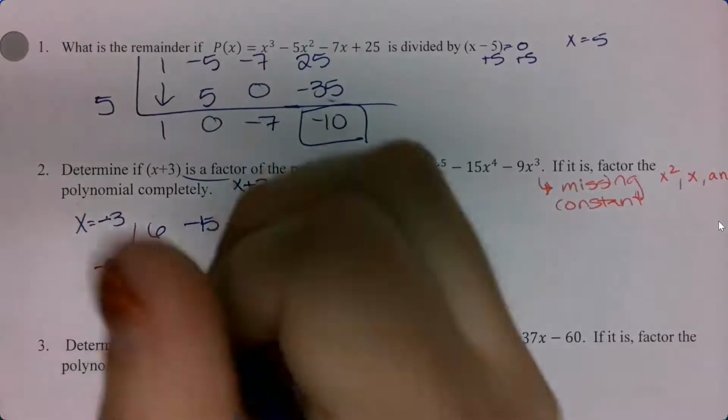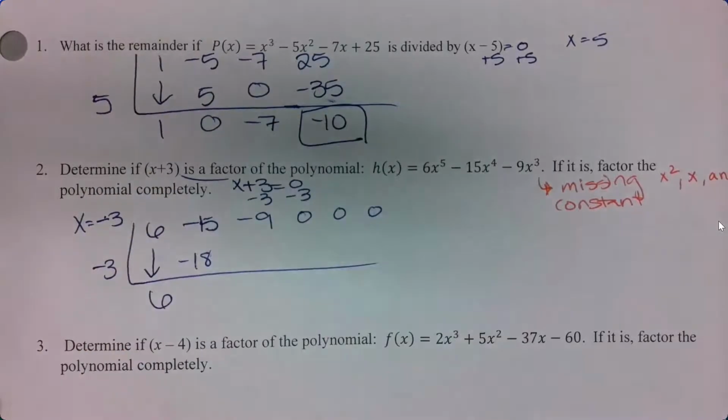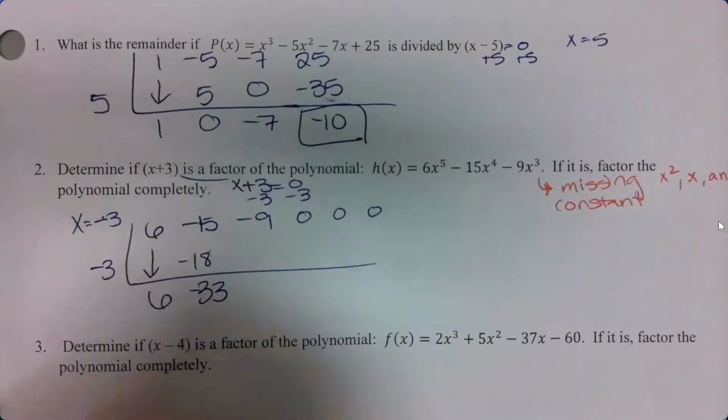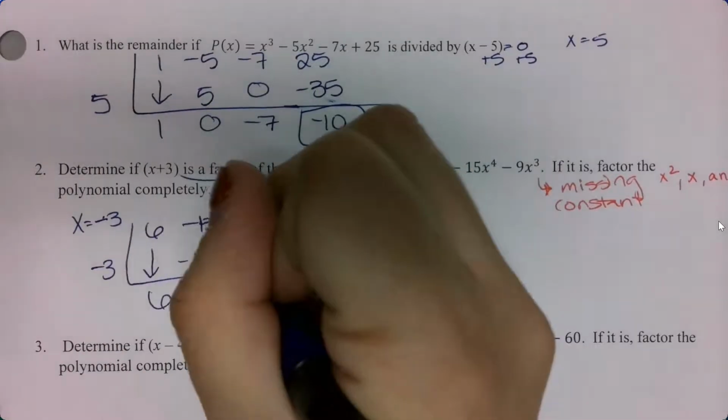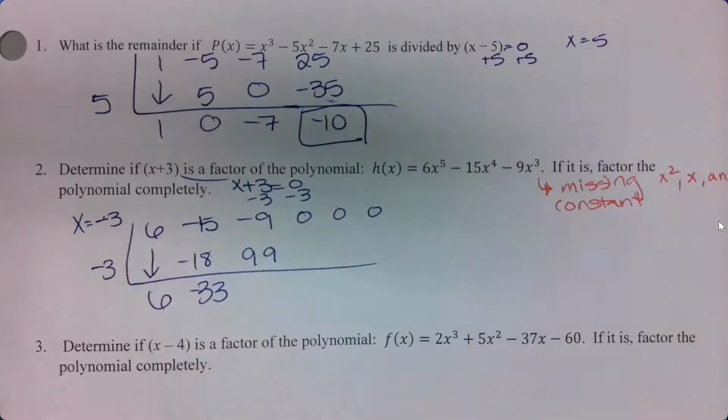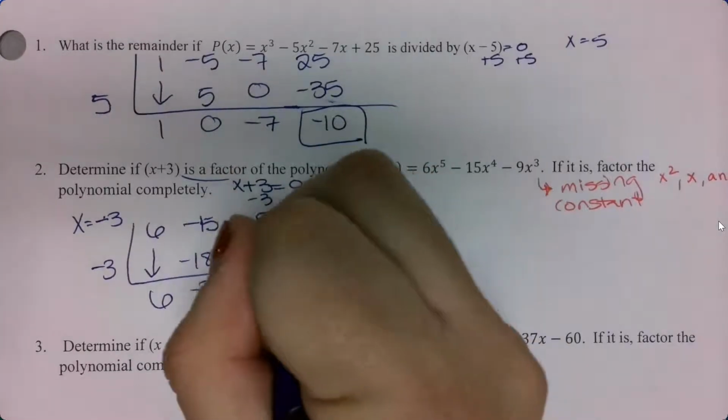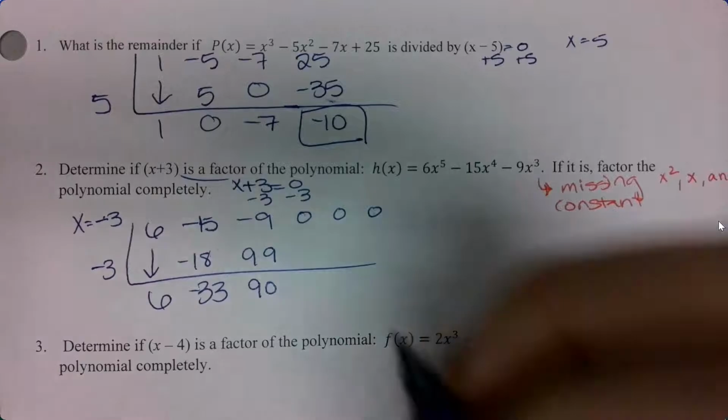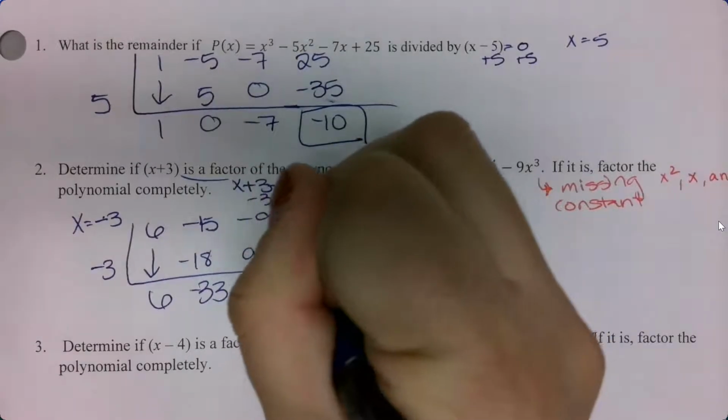6 times -3 gives me -18. -15 minus 18 is -33. Times -3 gives me +99. Then I add down. That's going to give me +90. Times -3 is -270.